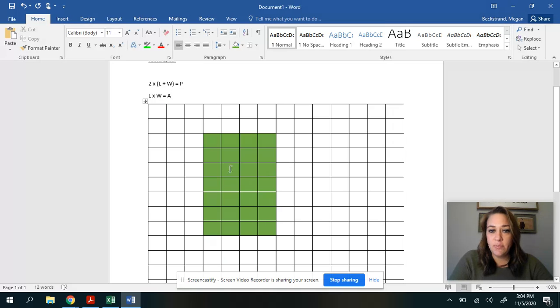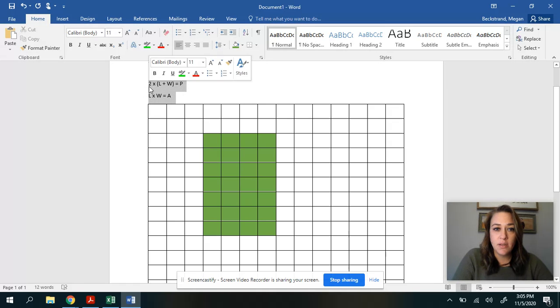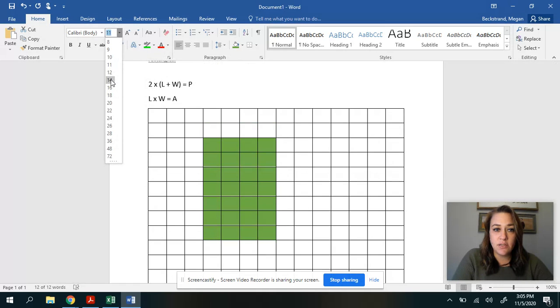So to find that with this rectangle, because we are on grid paper, we can say, okay, well, our width is 1, 2, 3, 4, and our length is 1, 2, 3, 4, 5, 6, 7. So that's not always going to be the case where it's on grid paper and you can really see the units. So each of those units would be 1 square unit.